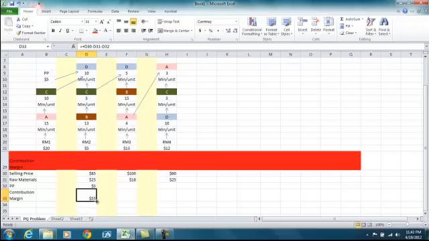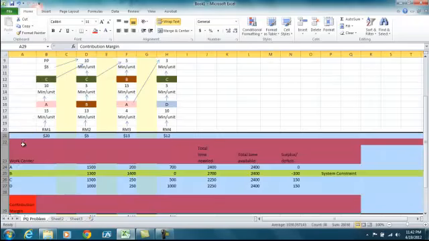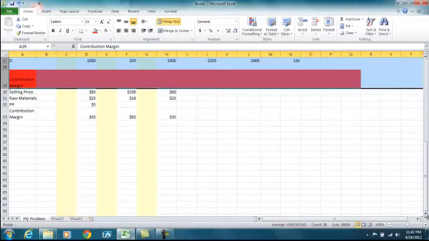And then I can copy that formula across. Okay. Now, if you recall, I've hidden these rows here, so I'm going to unhide them now. And I'm going to use that information for the next calculation.